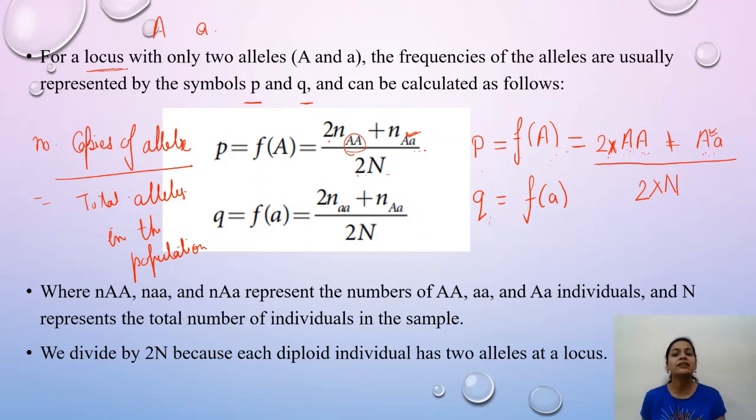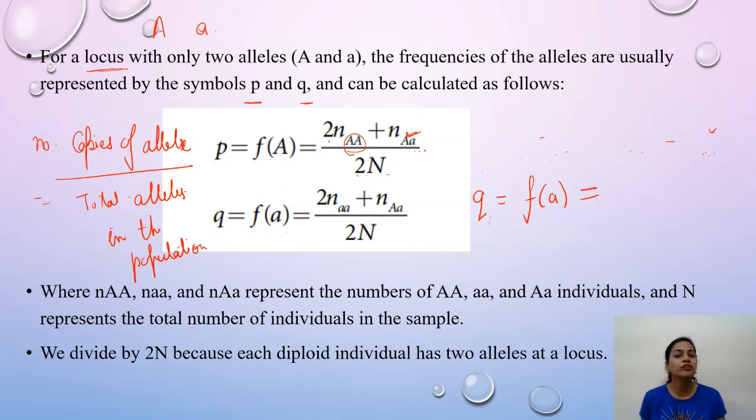Similarly, you can get the formula for the frequency of the recessive allele also. Okay, so what it can be, I'll just clean this slide a little bit here so that I can get the proper space. Yeah, so the value of q, or the frequency of the small allele, will be the number of individuals having this type of allele. So we will have one genotype which is homozygous for the recessive allele, plus we have to add the number of heterozygous individuals.